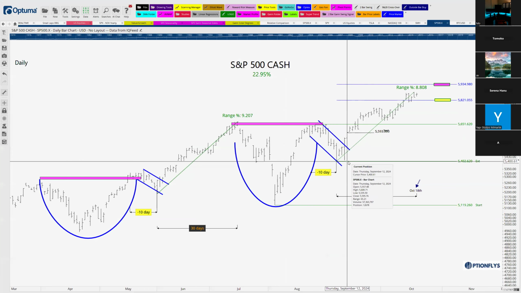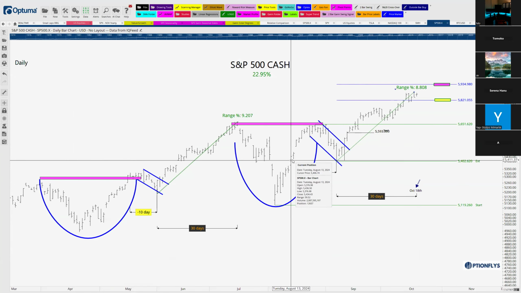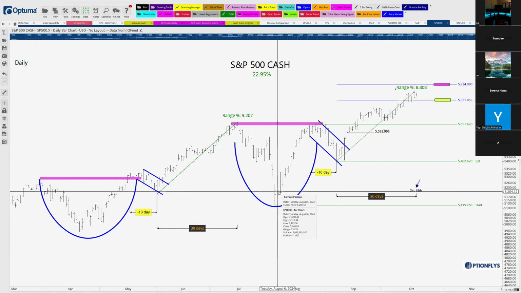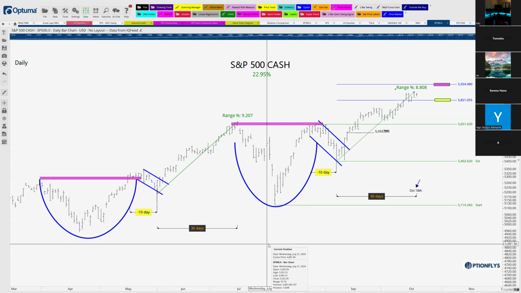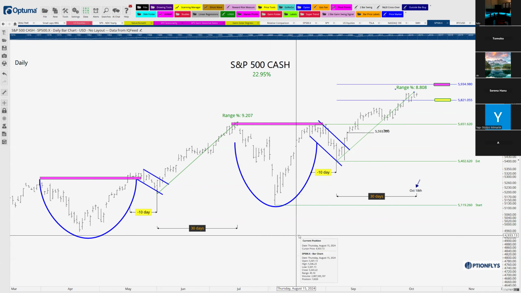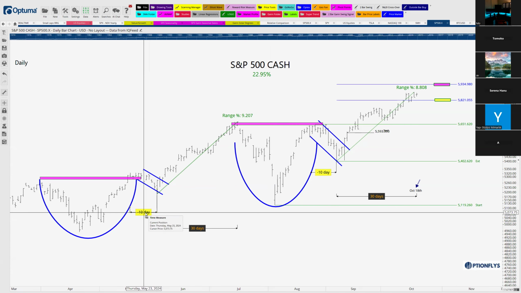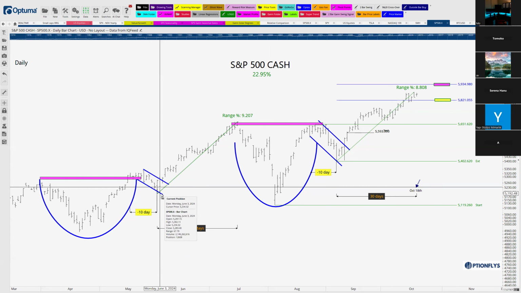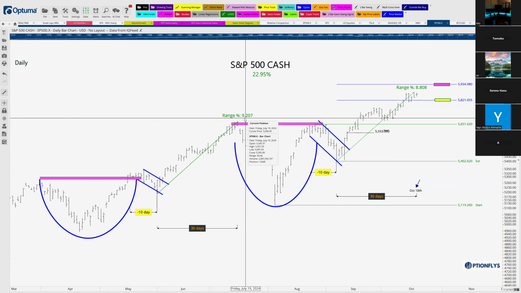So this is just too perfect to ignore. I mean, this is amazing. Just look at this damn thing. 10 days. So you have a round bottom, right? Here's your handle for 10 days. 30 days run of 9.2%.